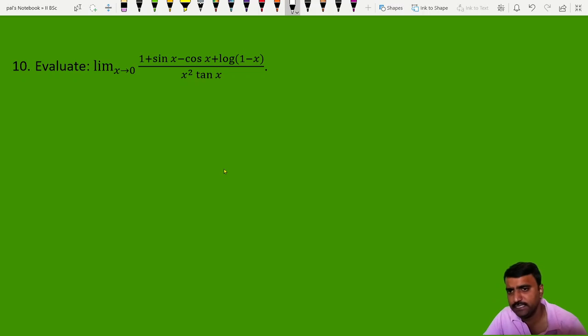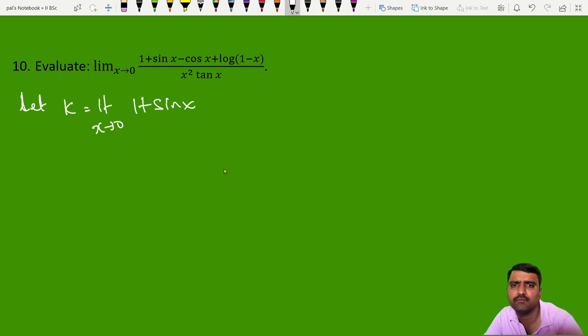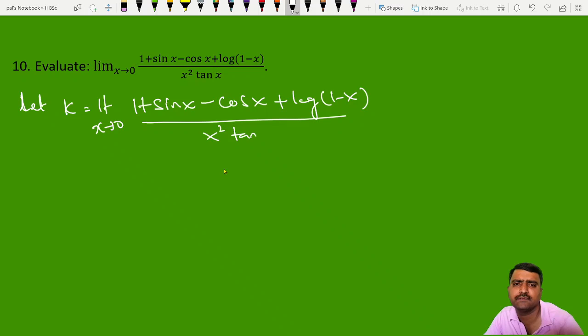You take this function, let k is equal to limit x tends to 0, 1 plus sin x minus cos x plus log of 1 minus x, divided by x square into tan x.